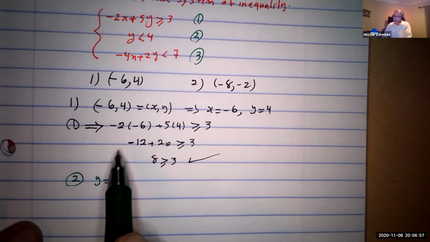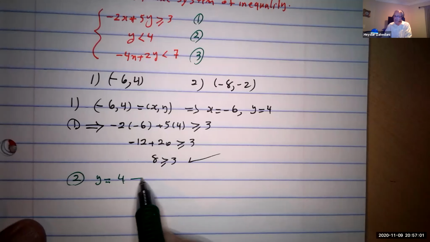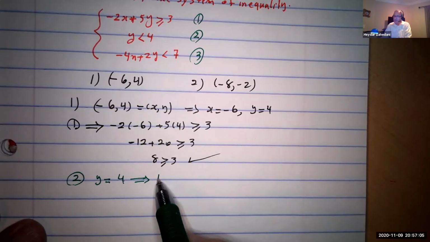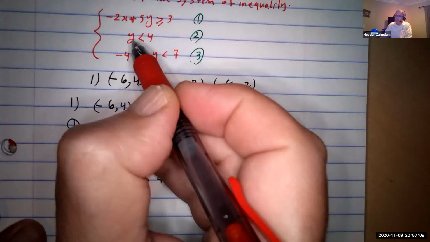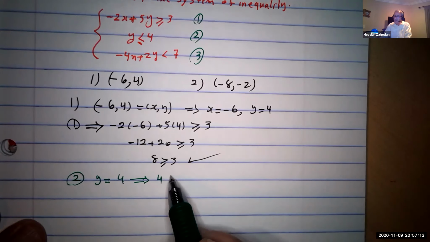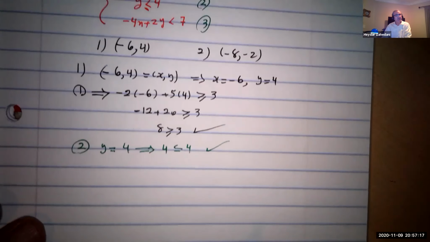No. So your y is equal to 4, and in the second inequality it's not going to be satisfied. Let's say this one is less than or equal to 4. Then it is less than or equal to 4, so it does satisfy the second one.